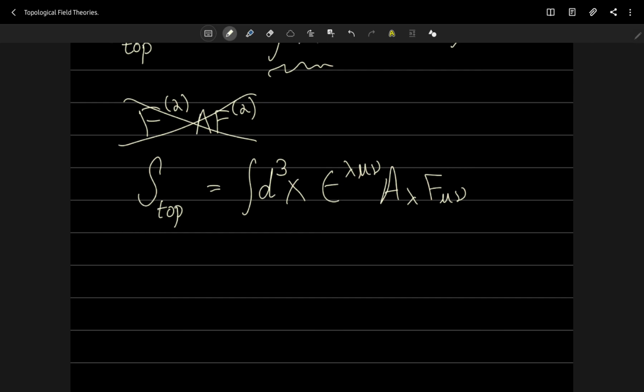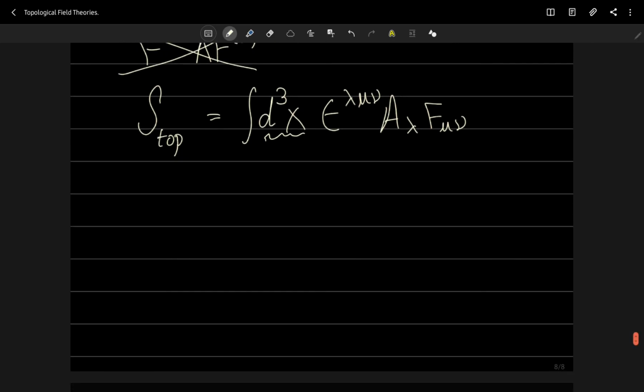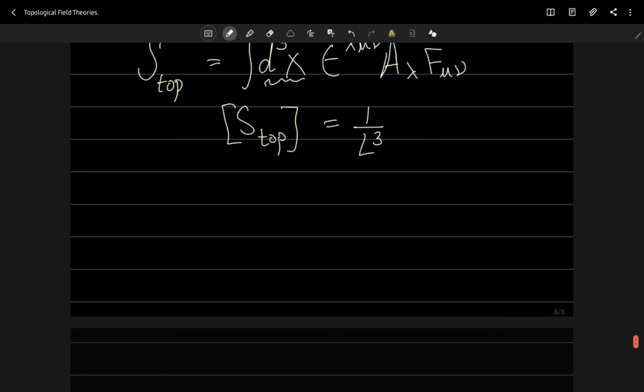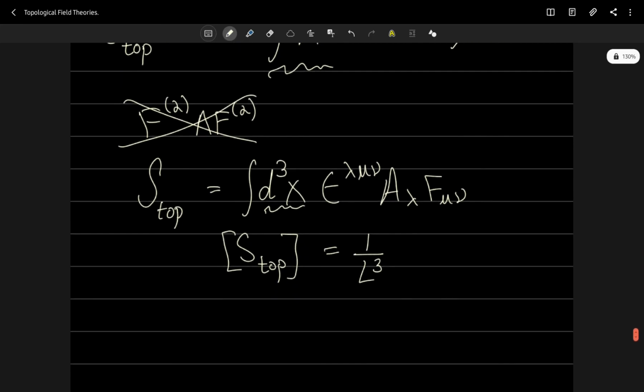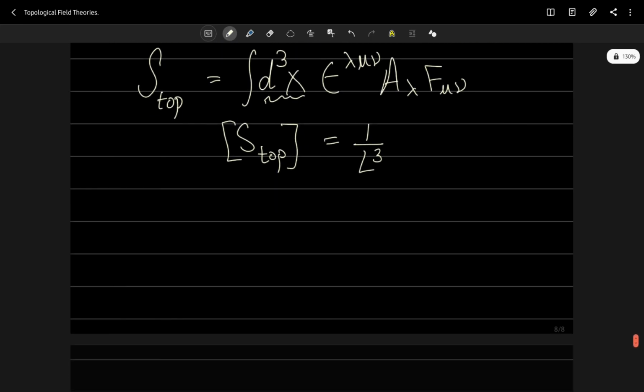So that's the simplest choice that you could pick for a topological action. And from this action, if you look at least at this term, you could say that the dimensions of your topological action in 2+1 dimensions is simply 1 over L cubed, right?